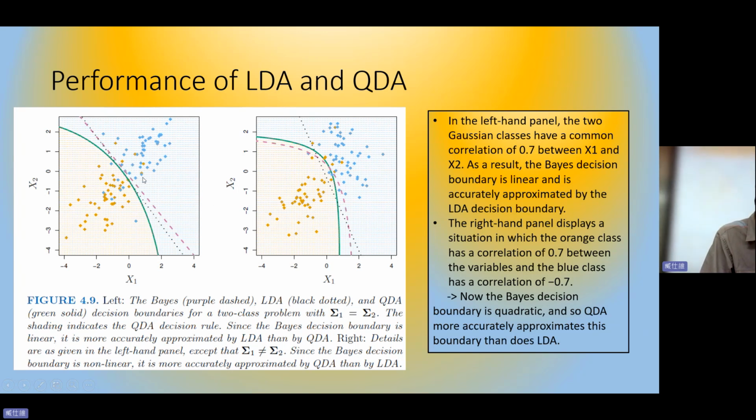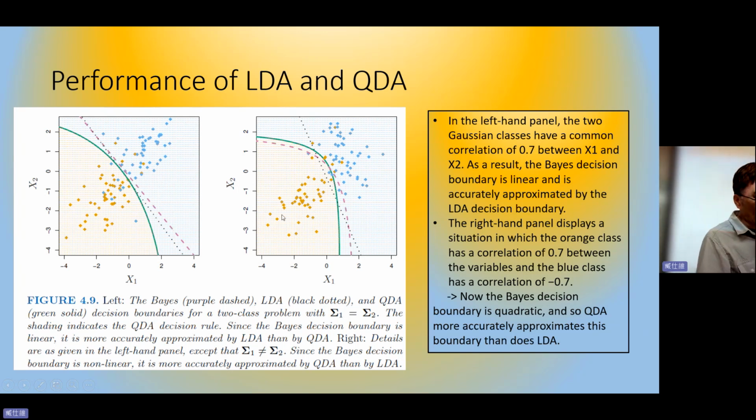You can see this purple line is a straight line, because we are using LDA. So we will see a straight line for the Bayes decision boundary.